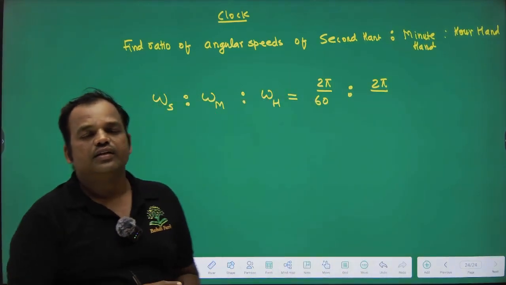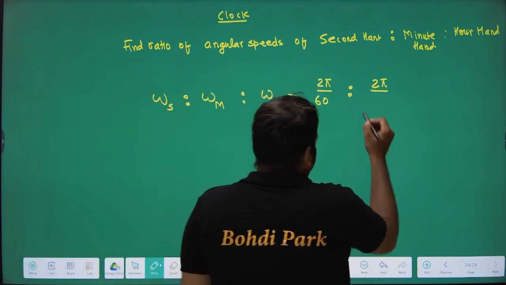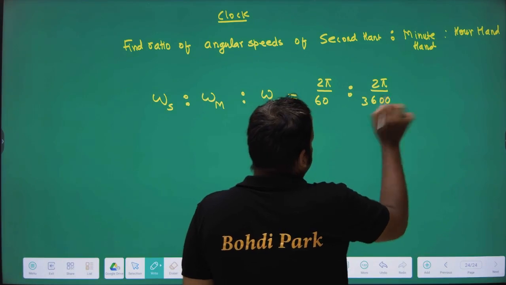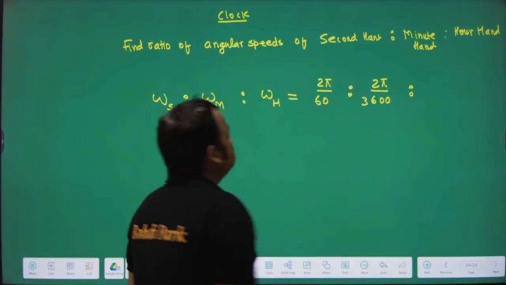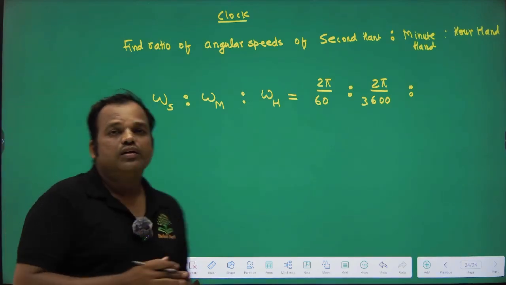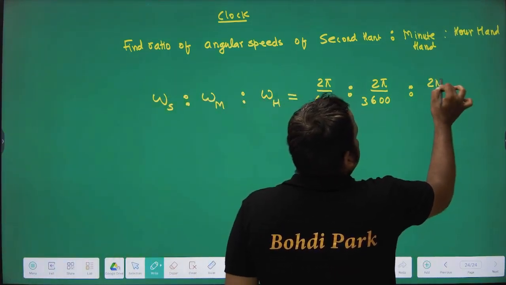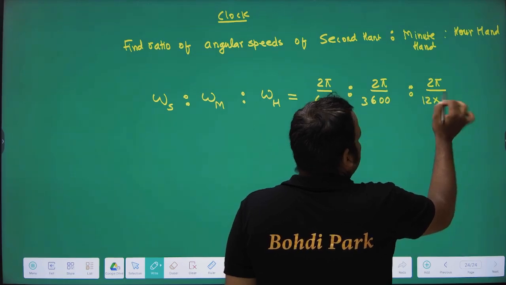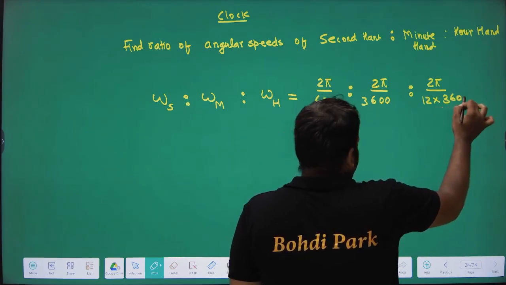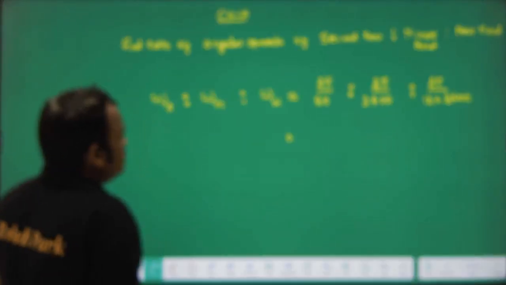So minute hand covers one round in 1 hour, and 1 hour can be written as 3600 seconds. Hour hand covers one round in 12 hours. So 2 pi by 12 into hour, hour is 3600 seconds. So this is the ratio.